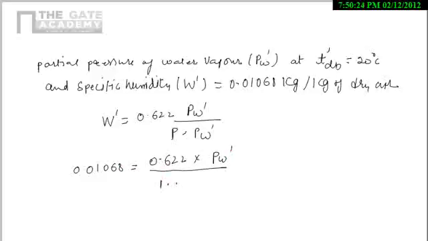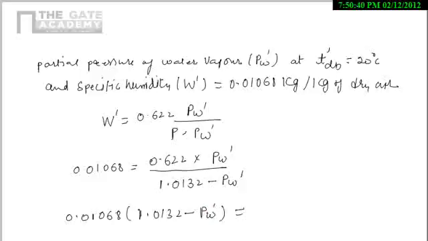We know P, that is 1.0132, minus PW dash. So I can write 0.01068 times (1.0132 minus PW dash) equals 0.622 PW dash.